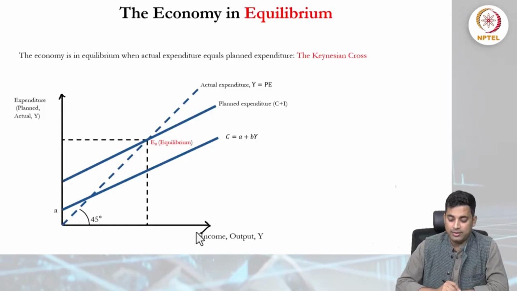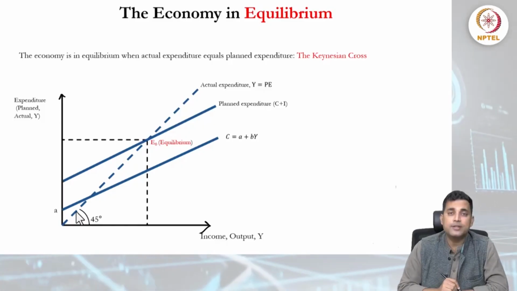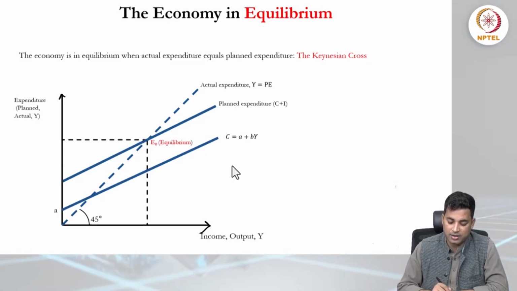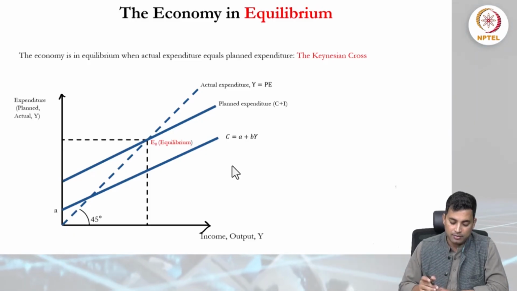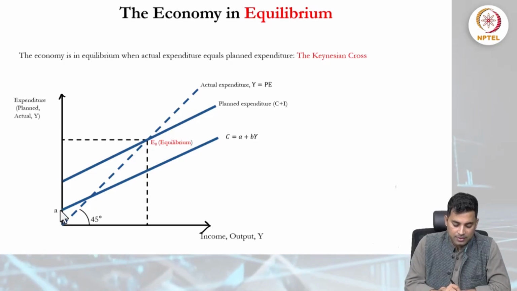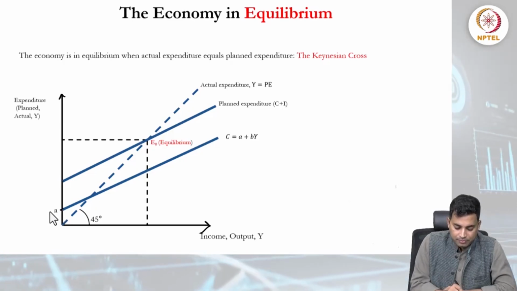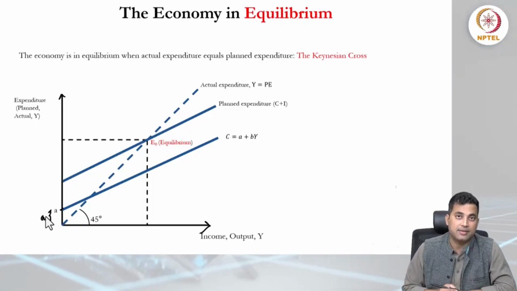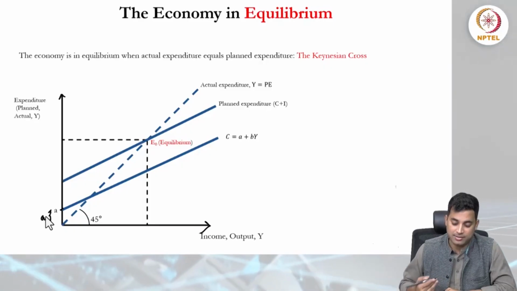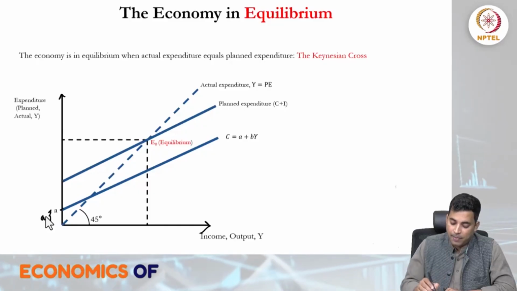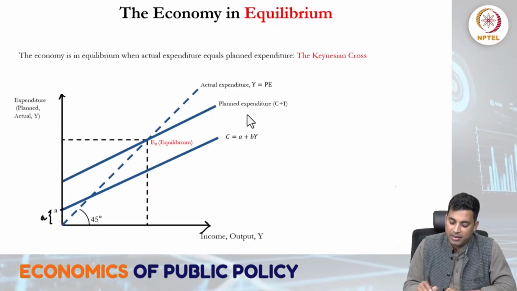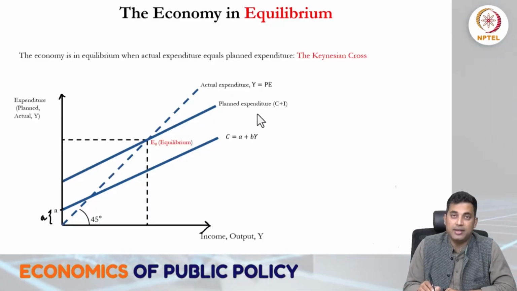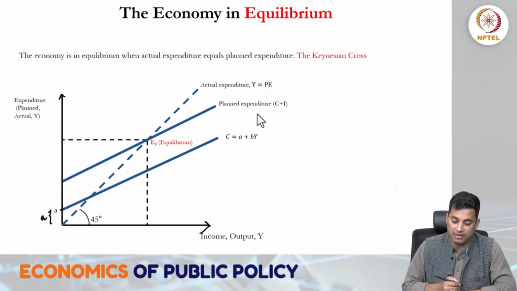As we know, the consumption expenditure function is upward sloping, starting from here, and this intercept is A, the autonomous consumption. And then the planned expenditure is C plus I.